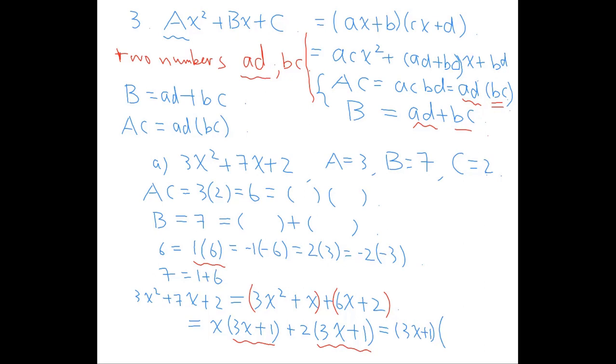So in the first term, you have x left. And in the second one, you have 2 left. So this is 3x plus 1 times x plus 2. And you can check this is right. This is the right one. Okay.